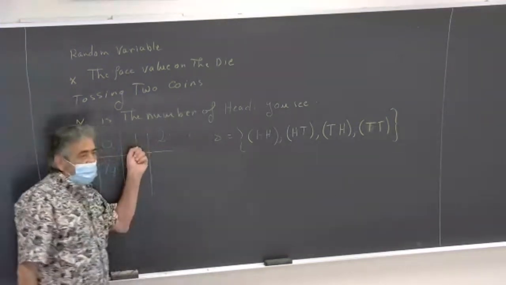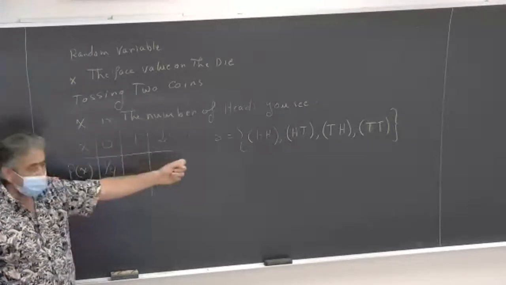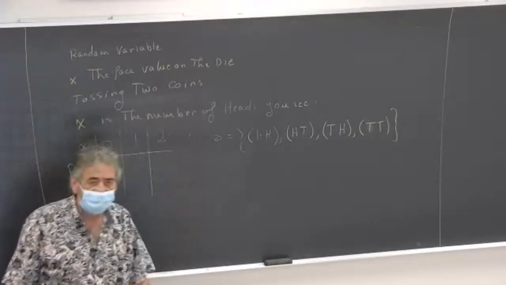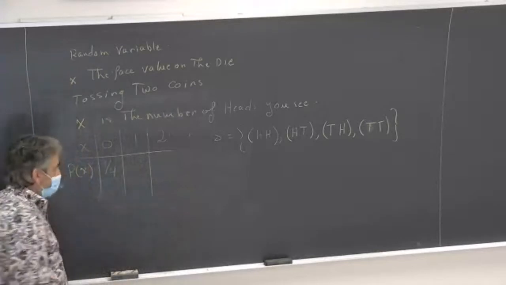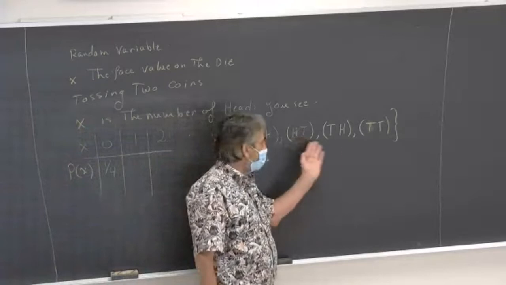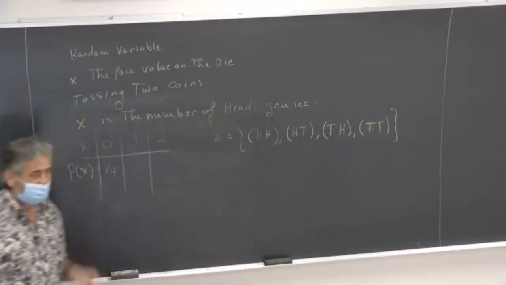What is the probability of getting 1 head? Let's take a look at the sample space. How many options do I have for getting 1 head? 2 options, right? We can have a head and a tail, or tail and a head. So there are 2 options for that.